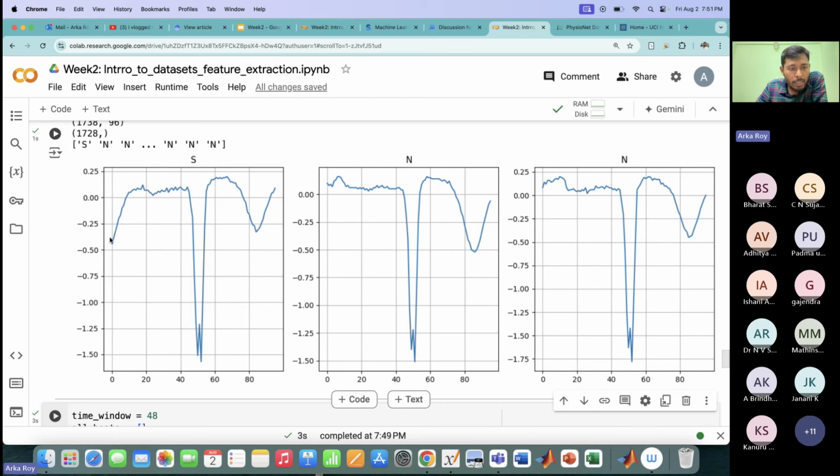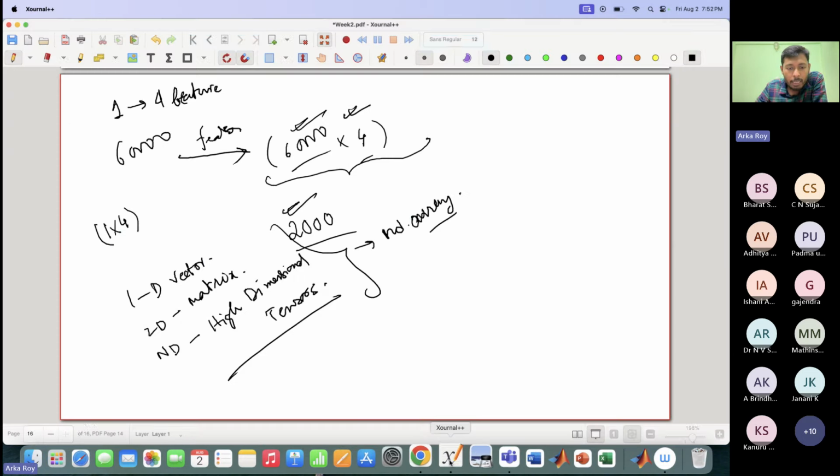You have some sort of descending thing, but the major part of this area has a value around 0.2 or something. So if you extract the value of energy in most cases, you will see that it is not able to differentiate, because they have a similar nature. Not exactly the same, but it would look something like this.